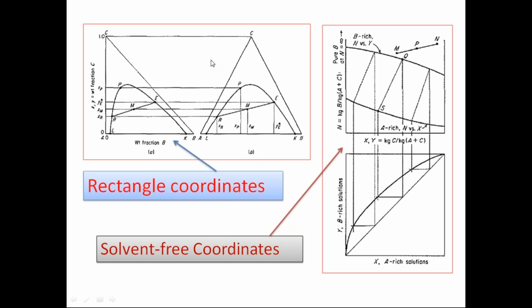Instead of this ternary graph, you can draw this on an ordinary graph by using the xy coordinates. So that's why it's called right angle triangle coordinates or rectangle coordinates. So you have here x and y on the y axis, and then the weight fraction of the B in the solution. That means the weight of the solvent which you have added divided by the total solution weight.